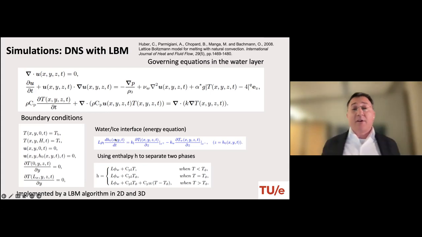This enthalpy function gives you an indicator that tells you if you are in an ice region or in a liquid region. This equation has been proposed quite some time back, for example in the publication indicated here, and validated and used in different contexts.